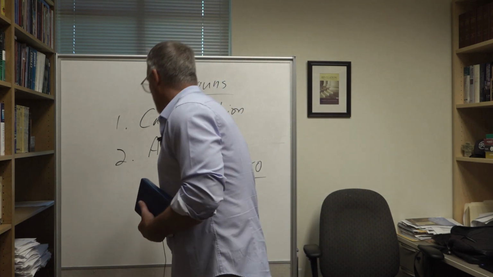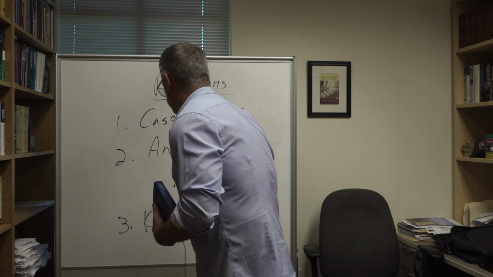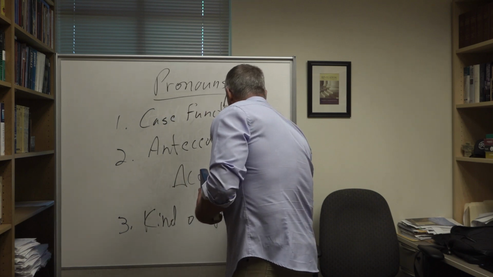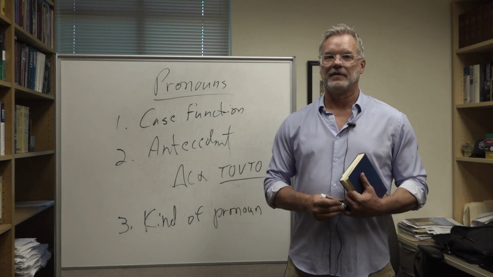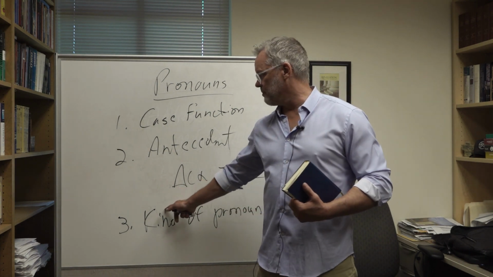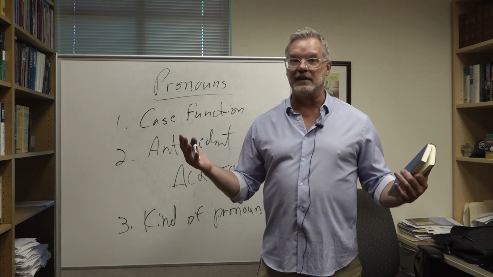And then obviously another important step in interpretation is to understand what kind of pronoun it is. So those three things, not necessarily in that order. You might want to start with number 3 actually first. What kind of pronoun am I dealing with?